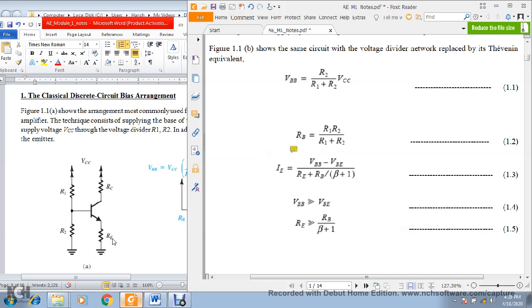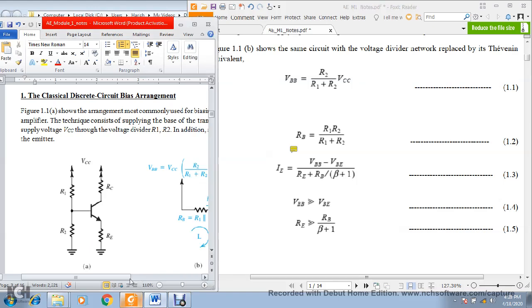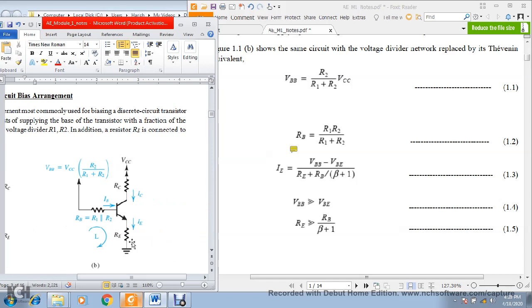So this RE decreases this IE by the same amount. How? You can see here, if there is any increase in IE, it increases the voltage across this resistor, so VE, the emitter voltage, increases.